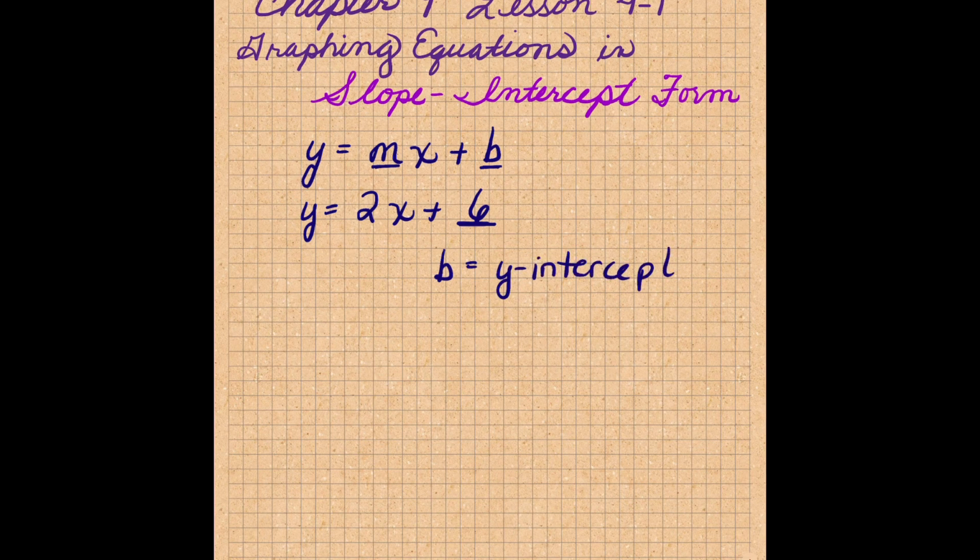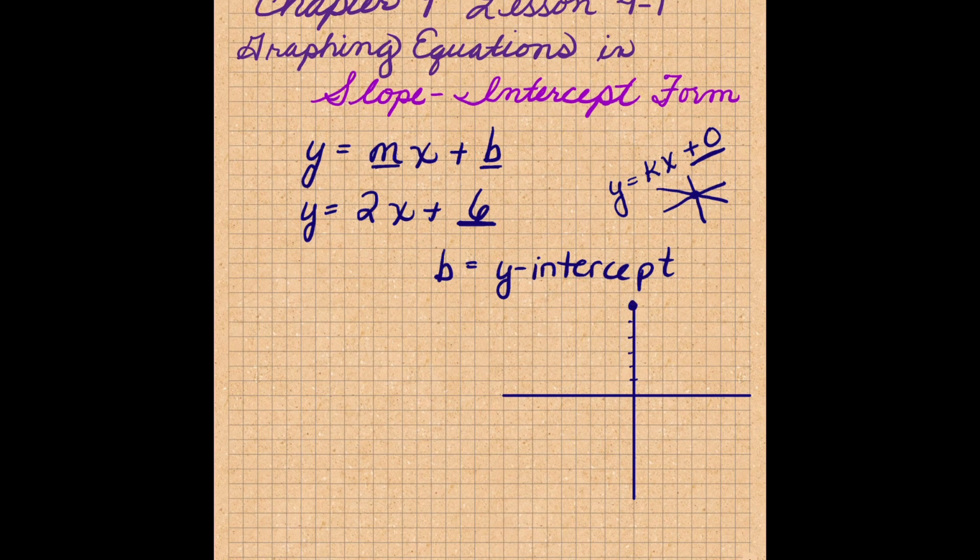If you remember about direct variation equations, when we had y equals kx, there was no plus anything out here because it went through the origin at 0 and 0. And so if we have a number here, it just tells us it doesn't go through the origin. It goes through y at a different number.